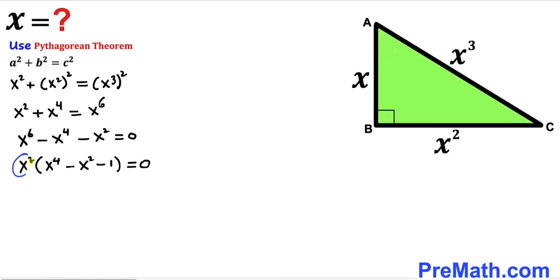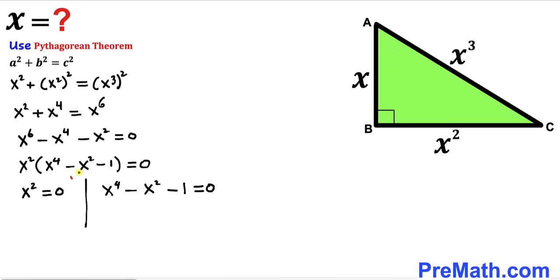Now we have these two factors. Let's separate them. So I can write x squared equals 0, and the second factor is x to the power 4 minus x squared minus 1 equals 0.